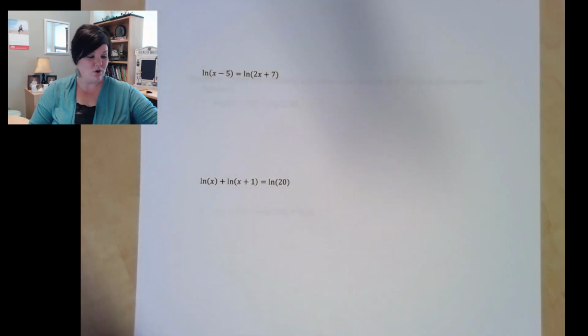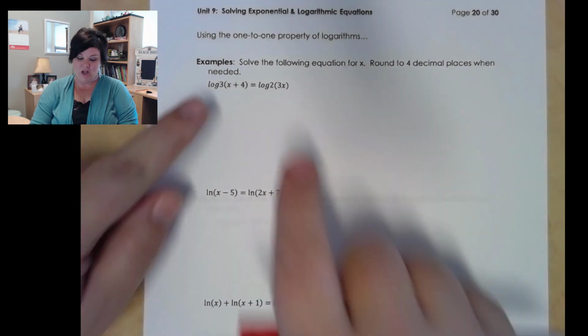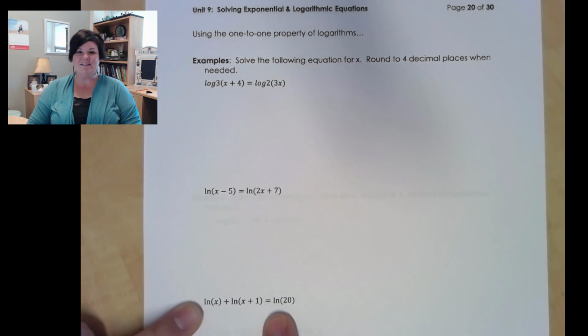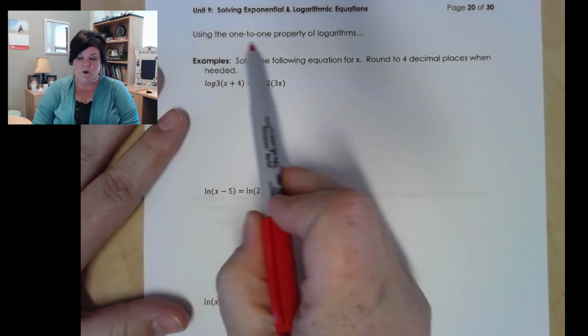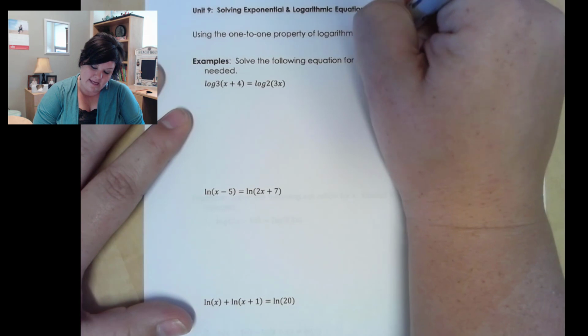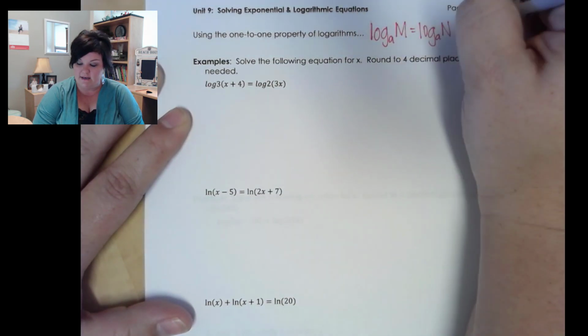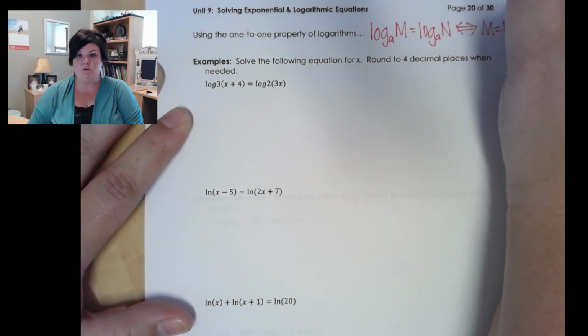Okay, so the good news is those were the hard ones. Yay, on to the easy ones. The easy ones are when you have logs on every single term in your problem. Logs on every single term make life easier because we have a one-to-one property of logs that says if we have log base A of m equal to log base A of n, then that is only true if m equals n.